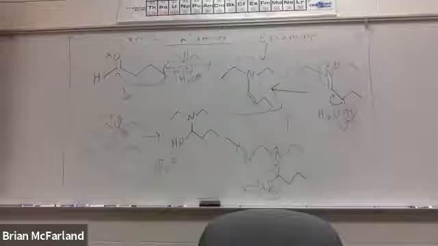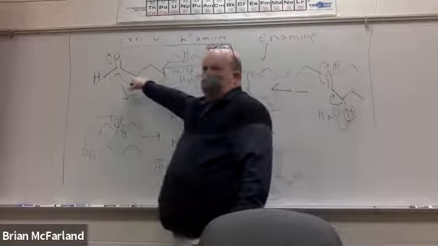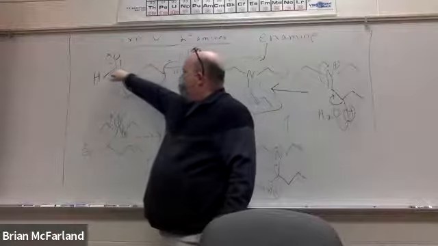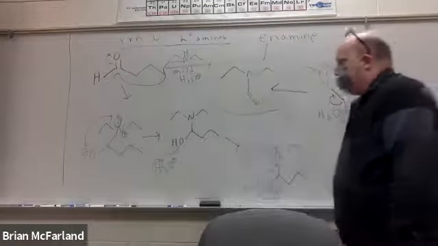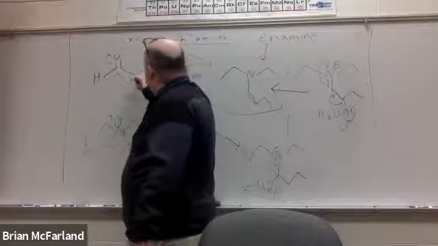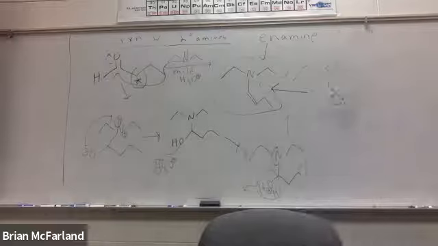So this basically follows the imine formation right up until the last step. You can't take an H from your nitrogen. You've got to take it from somewhere else. That H always ends up coming from a carbon that's directly adjacent to the carbon that used to be in your carbonyl group. So this one right over here is the one that ends up losing the hydrogen in the end.